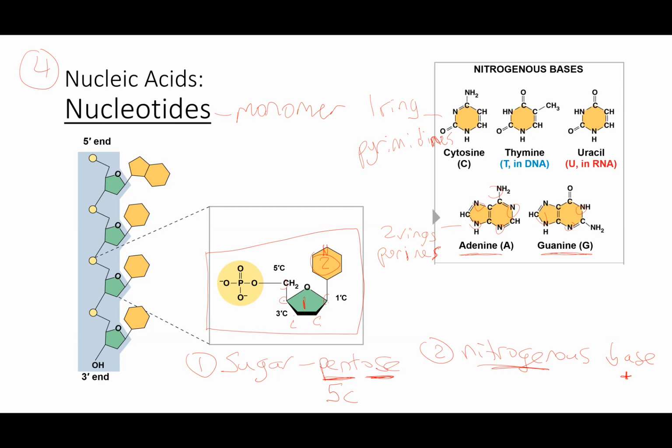That's the second part. And then the third part over here, this group, you should recognize as what? What functional group is that of your 7? Somebody said it. Yeah, phosphate.